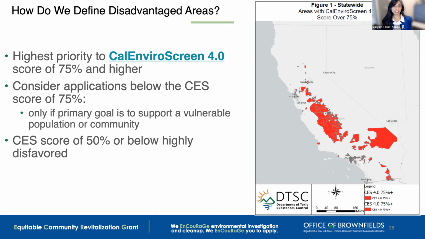And our focus in the ECRG is to get money into these communities. Communities with lower scores are disfavored in the application process, but we still do entertain them because we recognize that vulnerable communities and vulnerable populations can exist in any area of the state. And that's just something that we will definitely consider as well. Next slide, please.